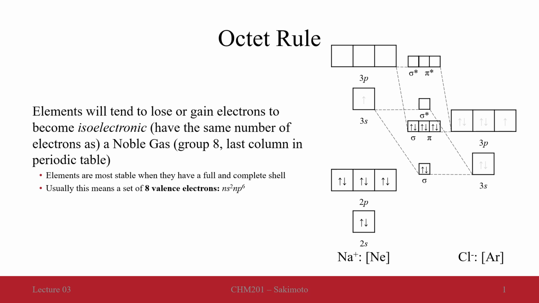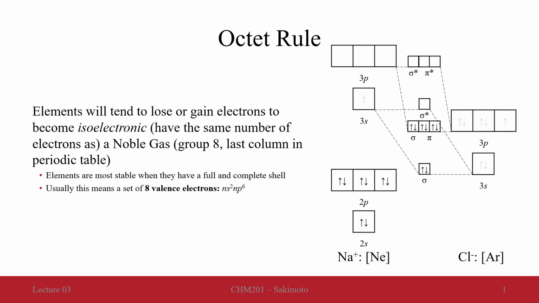People came up with some rule in the past to try to explain why the magic number of 8, but really it falls out from this MO theory analysis. We see that this set of 8, which we term the octet rule, is a generally hard and fast rule that applies for maybe 80% of the periodic table.